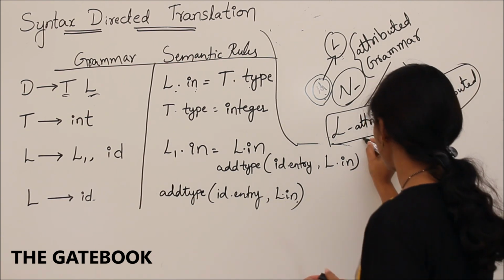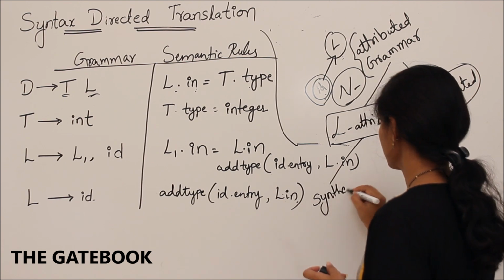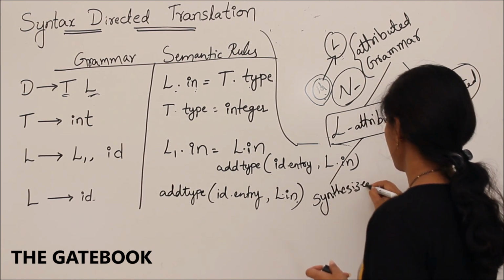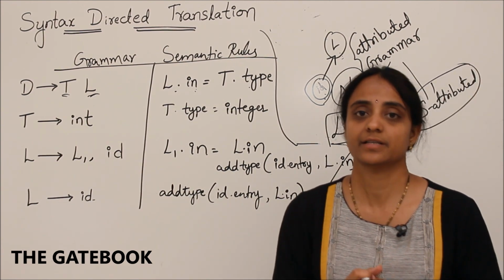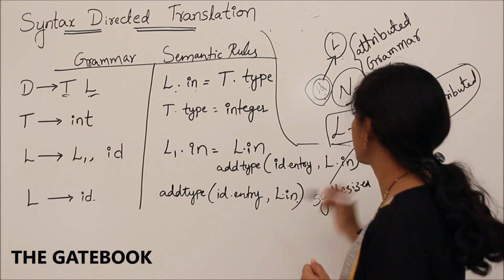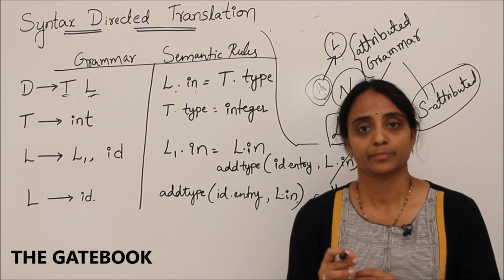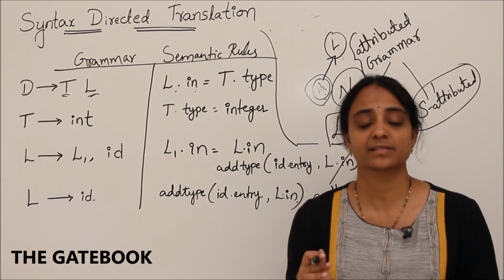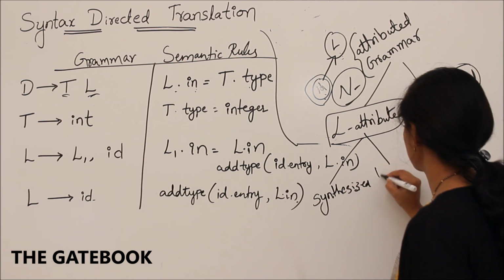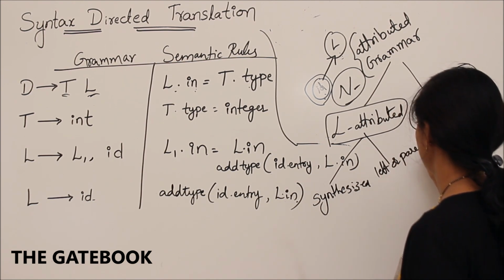L attributed grammar can use either synthesized or inherited attributes, but with some restrictions. What are the restrictions? It can use the inherited attributes, but they should only depend on the left side siblings or parent. So left or parent.